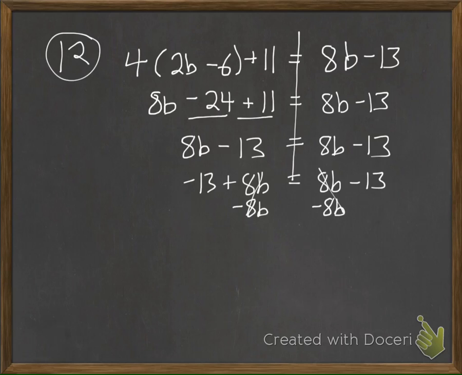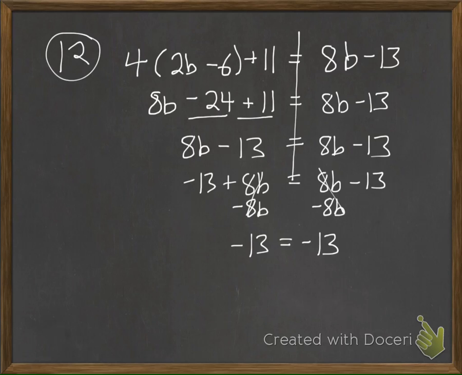So you're left with the statement, negative 13 equals negative 13. Which then you ask yourself the question, when does negative 13 equal negative 13? Always, right? It does not matter what b is. Negative 13 will always equal negative 13. 8 times b minus 13 will always equal 8 times b minus 13.